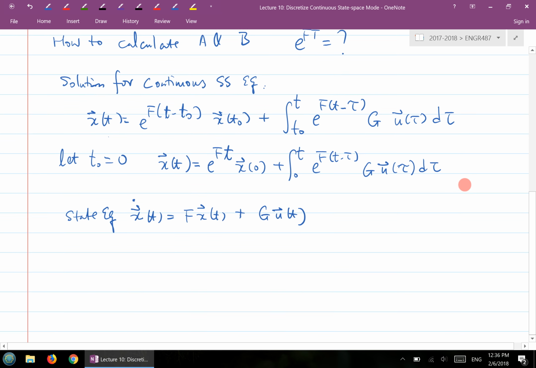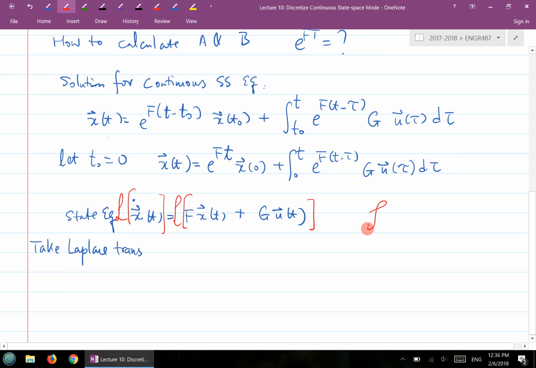Now I'm going to take the Laplace transform of both sides of this equation. You put the Laplace sign, not a Z sign, on both sides.